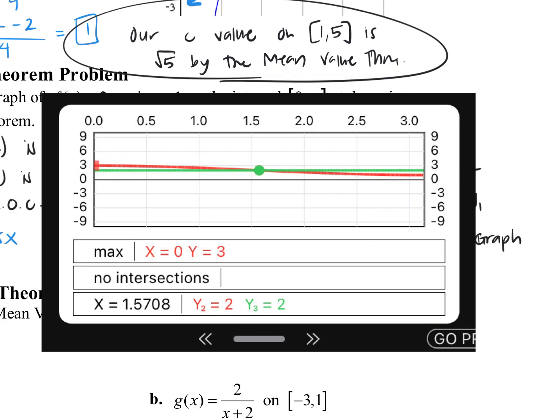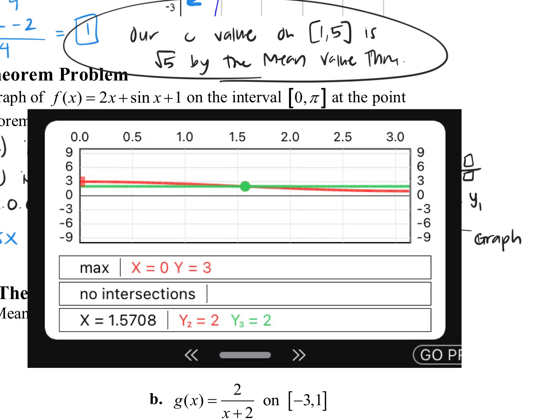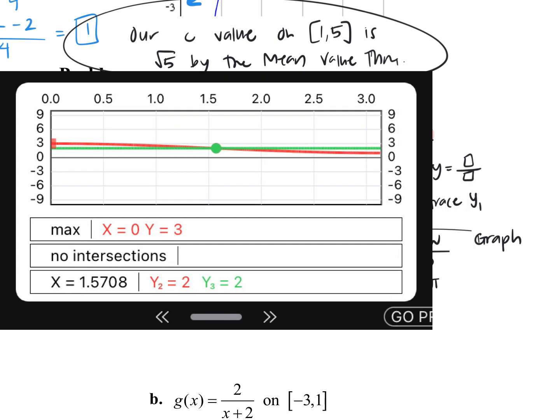Okay, so your graph should look something like this on your calculator. And now from here, to find this intersection point, you're going to hit second trace. Sorry, is it second calculate? Second calculate. Is there a calc button on there? It is second trace. And then you will go to intersection.